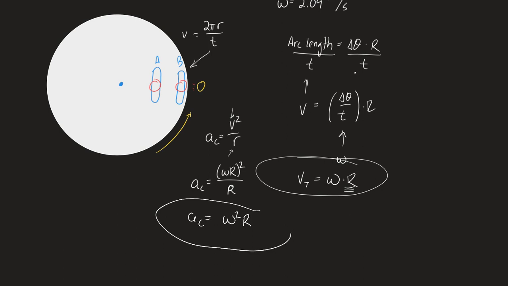And it should be very clear now that if you're on an object that's spinning, you have to hold on tighter if you're further away. That's what that says. All right, the three circled things are things you need to know. And they're not all on the equation sheet.